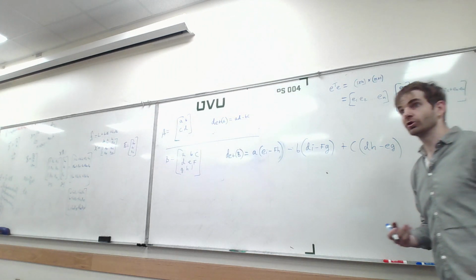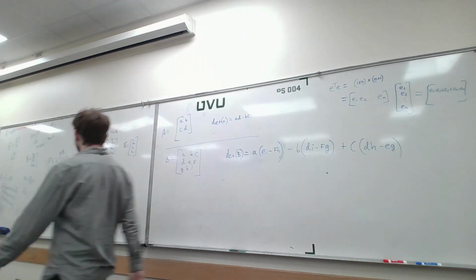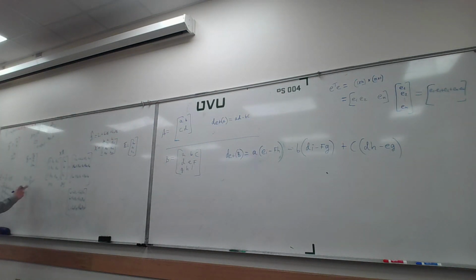That's where I'm going to have to end for the day. But the residual sum of squares is quite literally equal to E transpose E. So our job in matrix form will be to try to make E transpose E as small as possible.